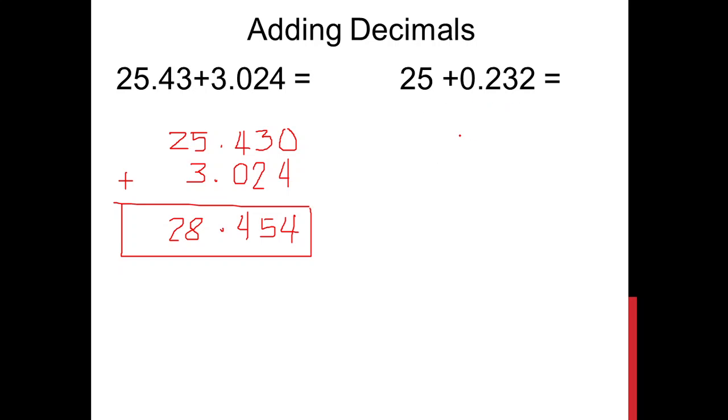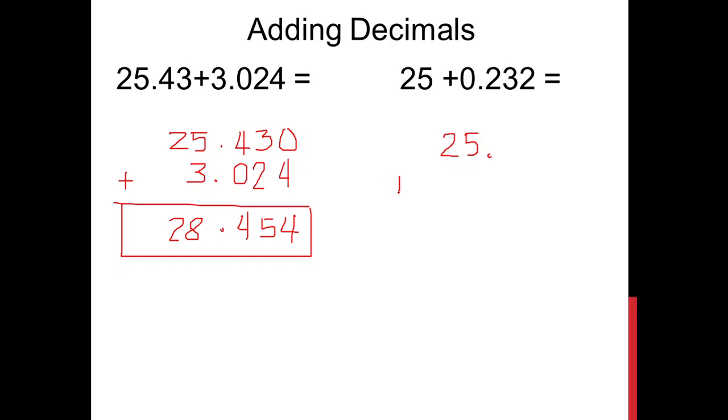Next, we have 25 plus 0.232. Again, let's rewrite our mathematical statement. So that's 25. Since our number here is a whole number, the decimal point is located after the whole number. So the decimal point is here.